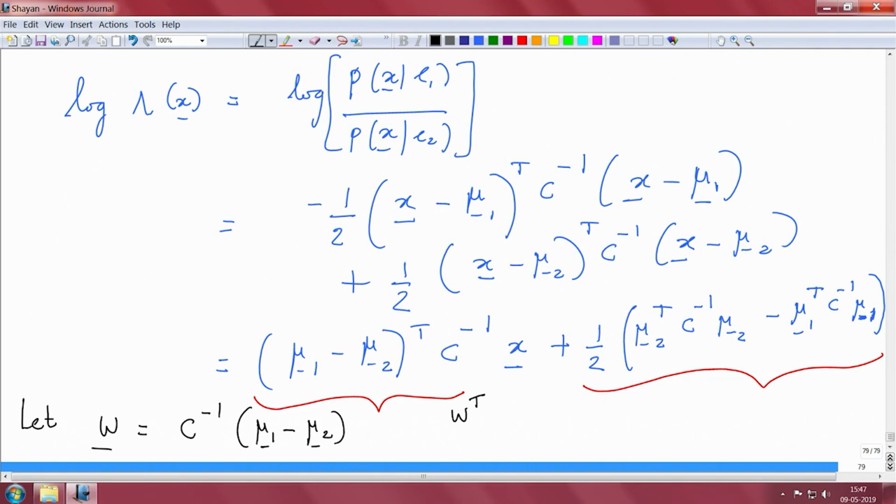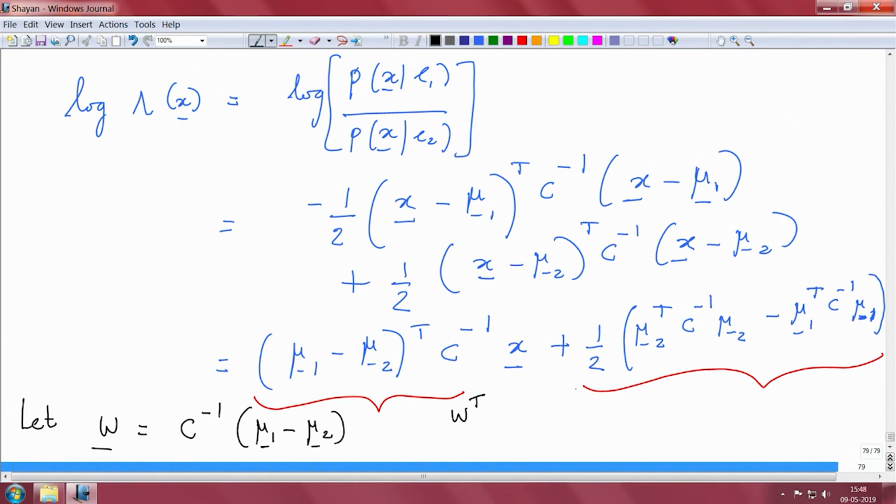Okay. So, I repeat again. If we define W equals C inverse mu 1 minus mu 2, then W transpose is mu 1 minus mu 2 transposed times C inverse transposed, and if C inverse transposed is C inverse, then we have this quantity.